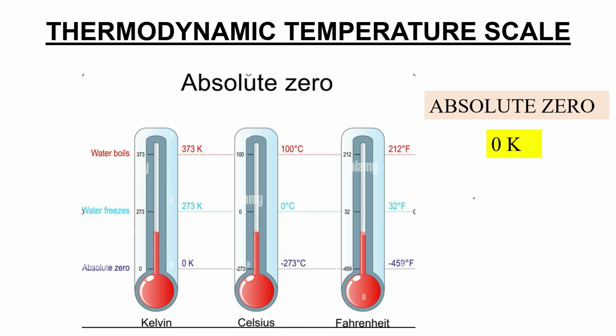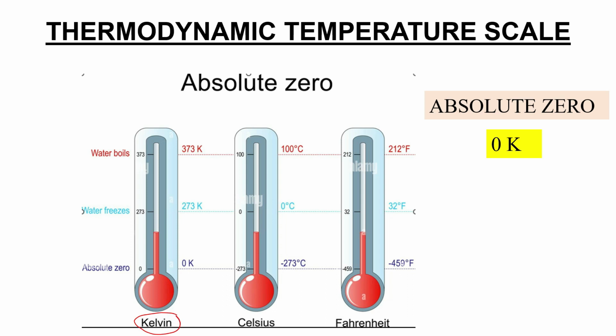And we need to develop a scale which does not depend upon the properties of a thermometer or gas. For example, these properties will be different for different substances. If you develop a scale which is independent of the properties of the thermometer or substance used to measure temperature, we can develop the Kelvin scale.